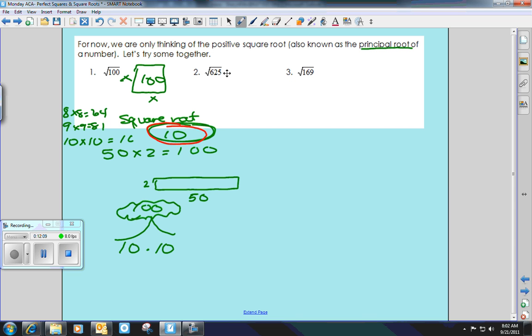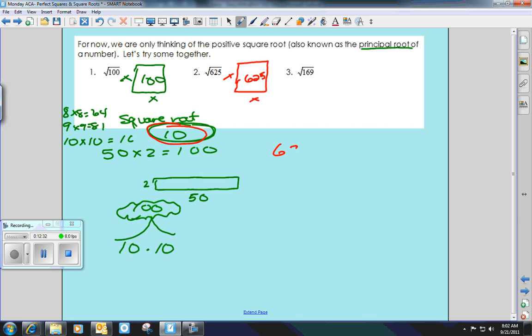All right, so what I want you to do then is tell me what number can you multiply by itself to get 625 for the area. I know I can do 5 times 5 times 5 times 5 and get 625. But I need a square. I need two numbers only, x times x, the same number.